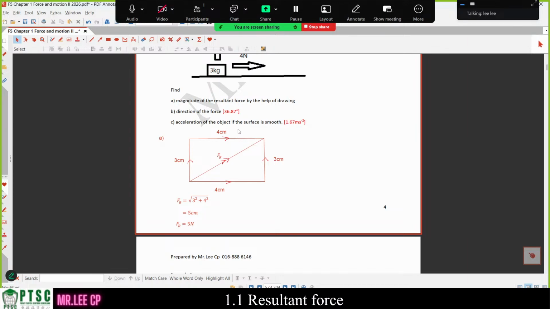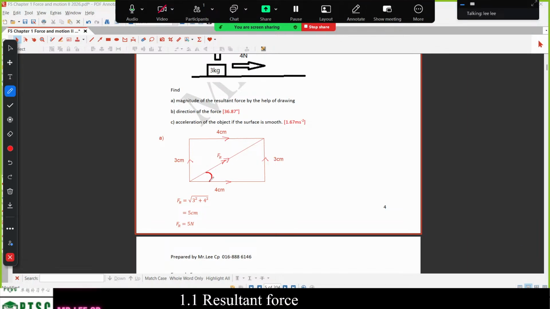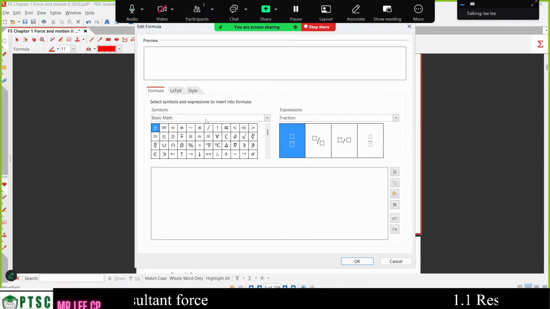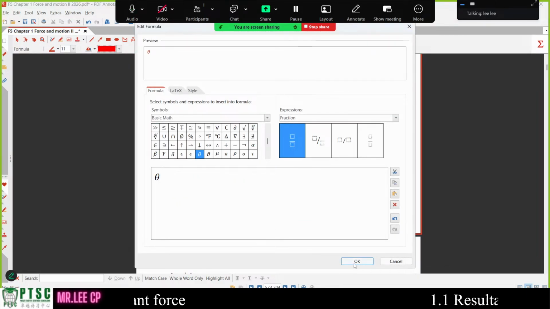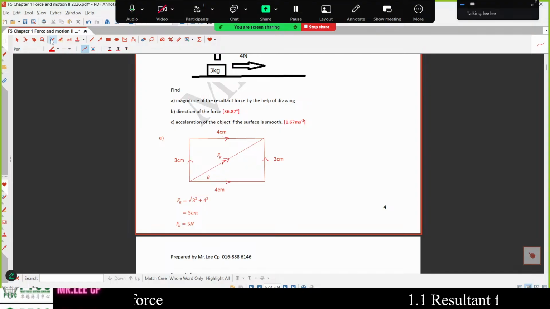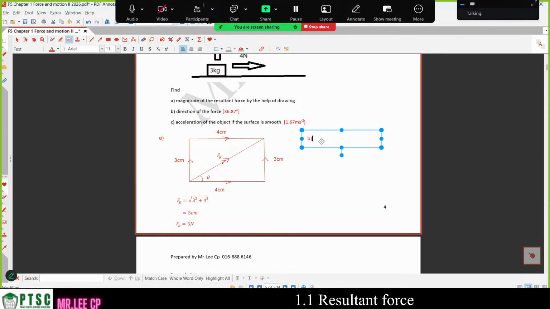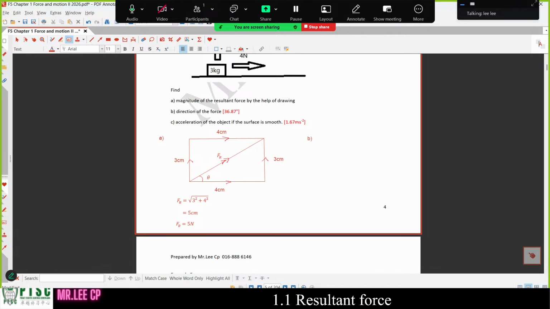Right? So now the direction of the force. When it is the direction of the force, you need to calculate this angle for me. This angle I'm going to call theta. So I want to calculate the angle here.